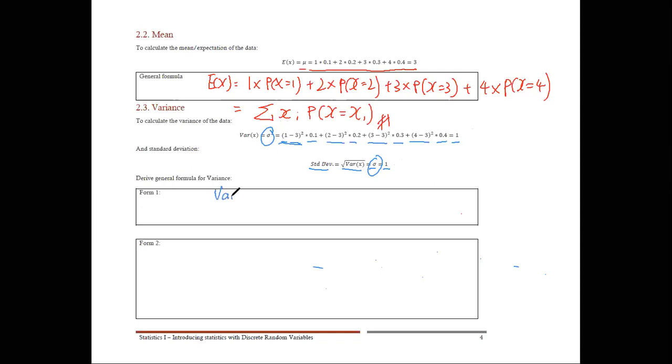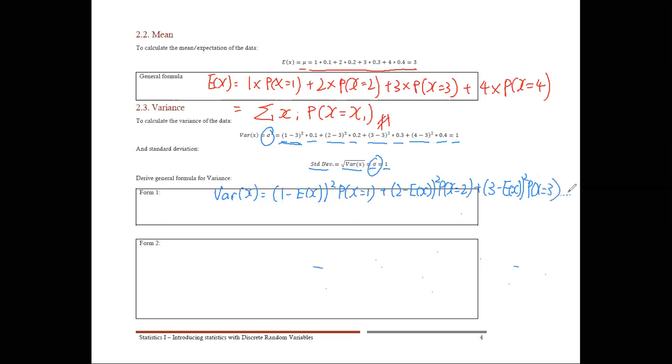The variance of X will be 1 minus the average value, which is the expectation, squared times P(X=1), plus 2 minus the expectation squared times P(X=2), plus 3 minus E(X) squared times P(X=3).